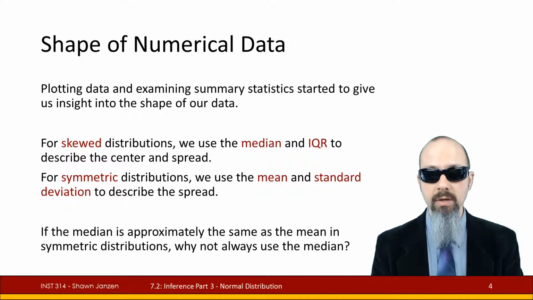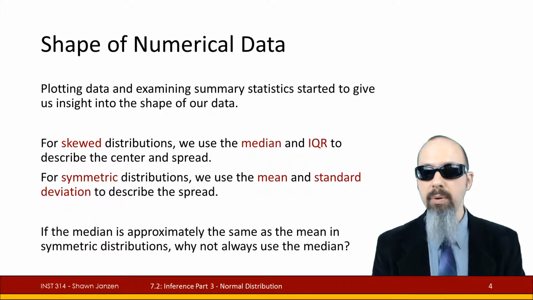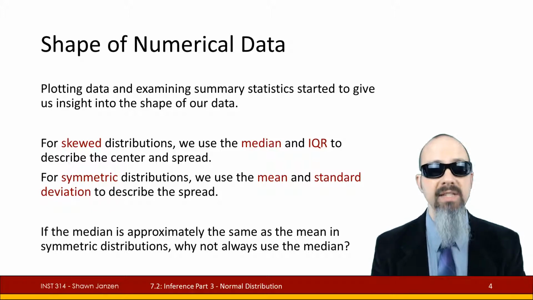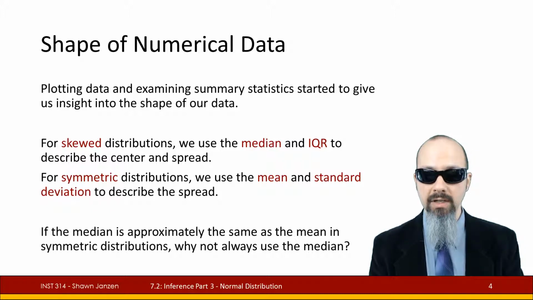And when they're skewed, we use things like the median and the IQR to talk about its center and spread because they're more robust. They're going to be less resistant to being pulled off into one of the particular tails, unlike the mean and standard deviation. However, for symmetrical distributions that do not have a long tail in either direction, we can go ahead and use the mean and standard deviation to describe the spread because we're not going to have to be worried about being pulled in any particular direction.